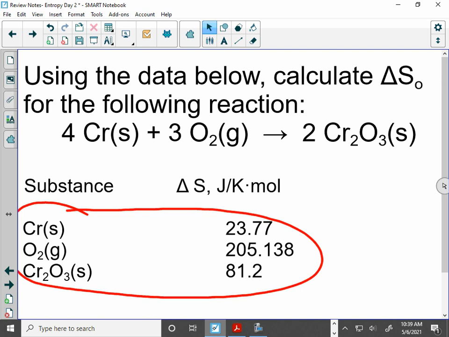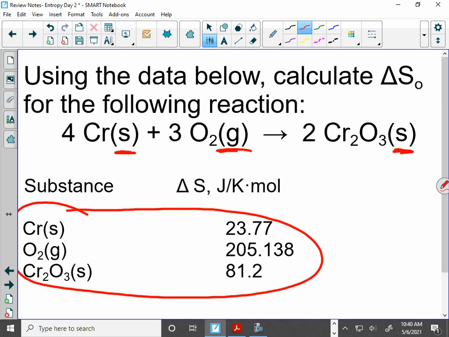Now, when I'm calculating the entropy for this particular equation, what I like to do is get an idea in my mind, first of all, what's going on. So I'm looking here. First thing I look is that here I have 2 reactants that form one product, correct?